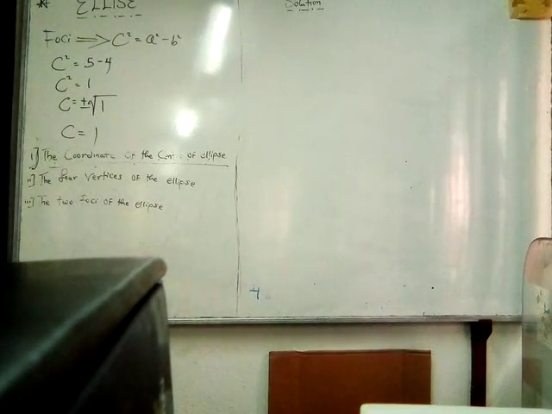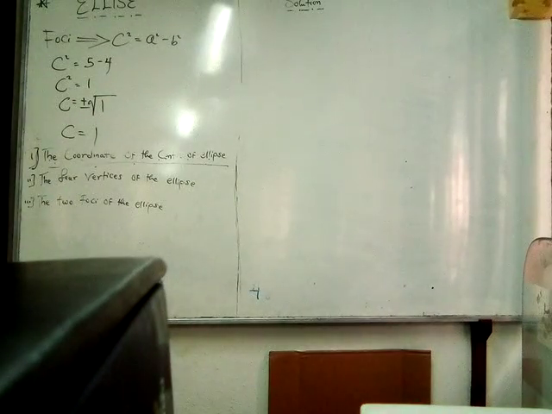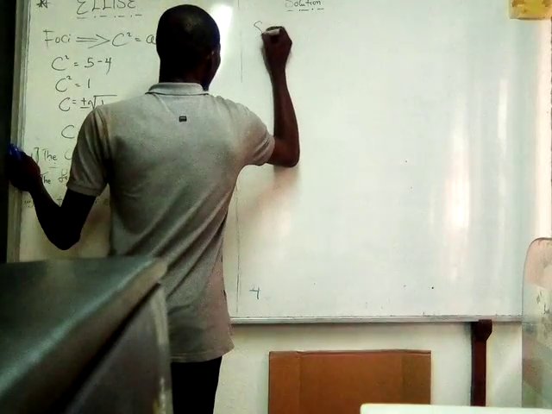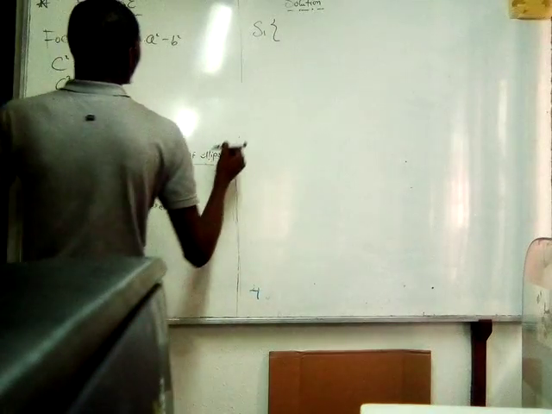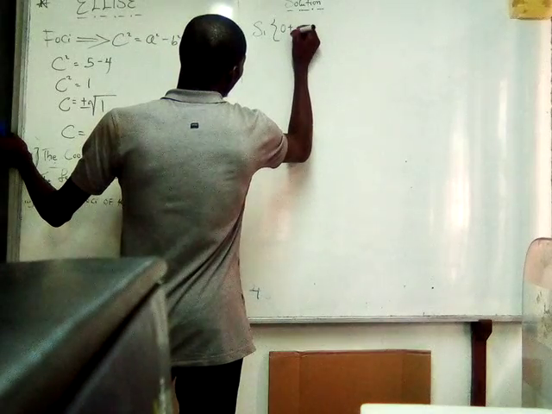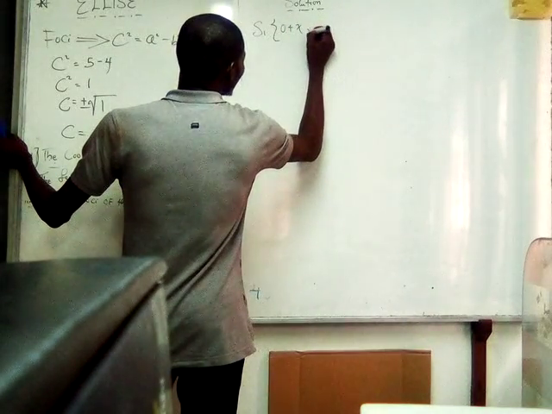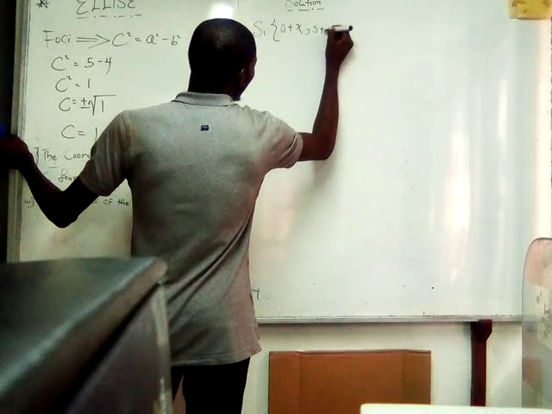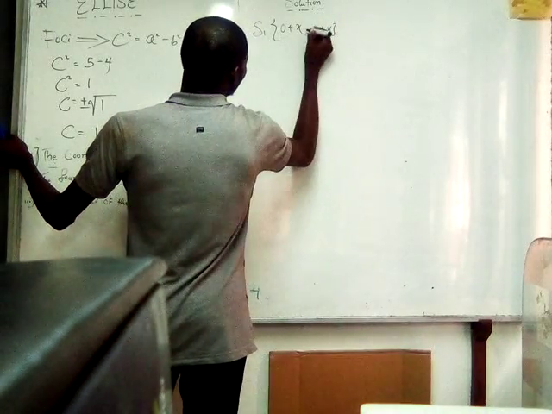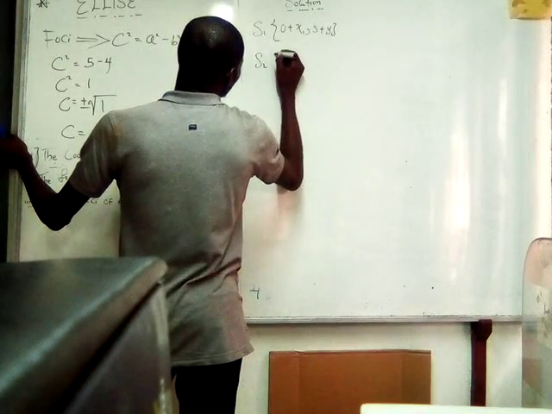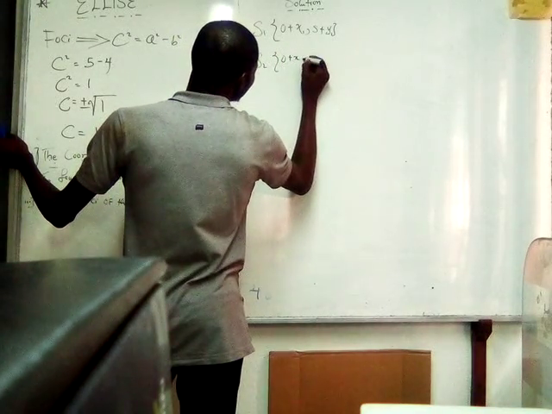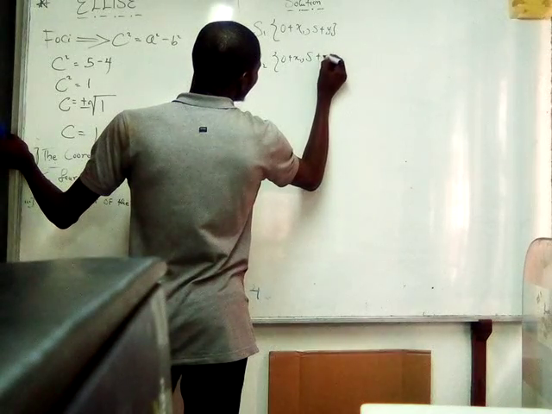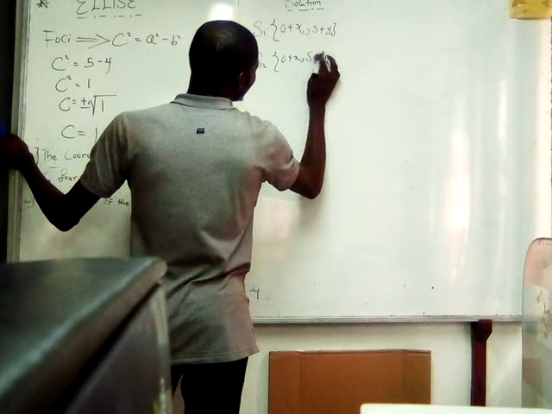Now the formula for the two foci is (0 plus x1, c plus y1). So we are going to have F1 equals (0 plus x1, c plus y1), then F2 equals (0 plus x1, minus c plus y1).